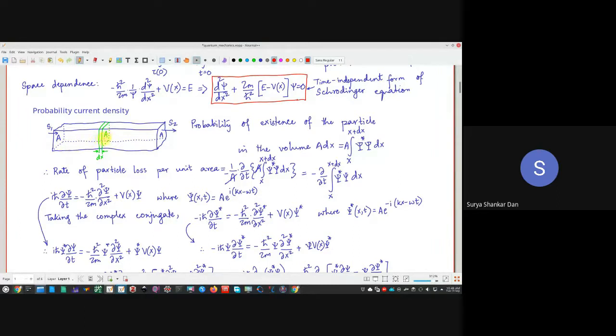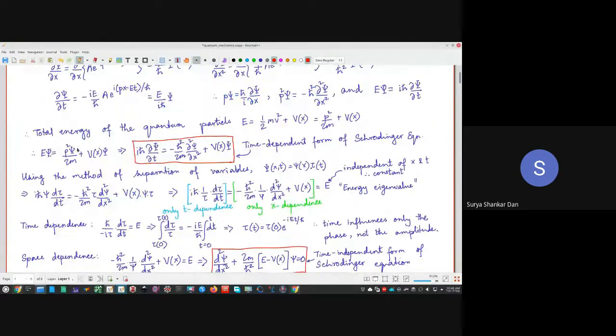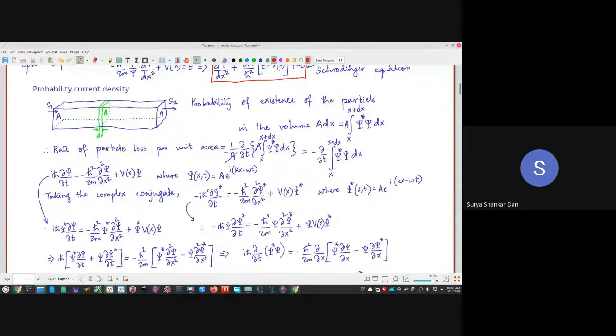I'll give you one disclaimer at the very beginning. Whatever proofs of the Schrodinger equation and of this probability current density we are doing, this is the simplest possible way of explaining these things.